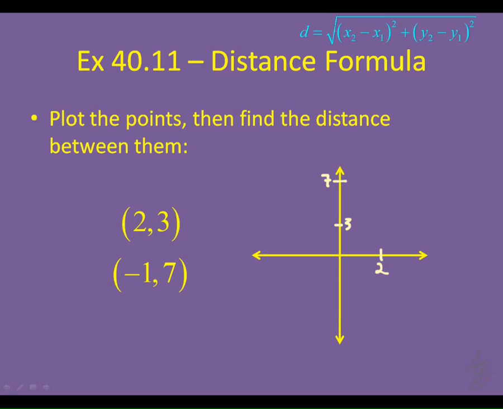So again, I'm going to use a different scale on the axes here just to make it look a little bit better. So there's the first point, and negative 1, 7 is going to be right about there. So there's our second point right there. And if we connect those points, we get a segment that looks something like that.